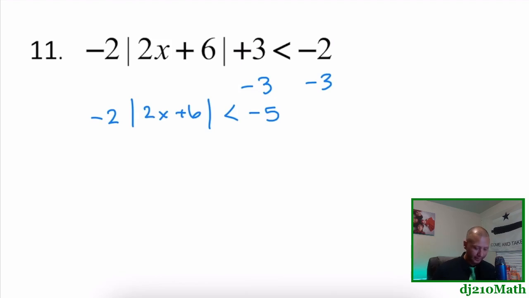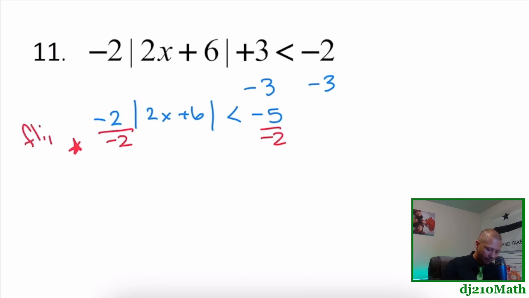All right, to isolate it even further, we're dividing both sides by -2. Now here, because we're dividing by a negative, we have to flip the sign. Because we're dividing by -2. So we get absolute value 2x plus 6 greater than 5 over 2.